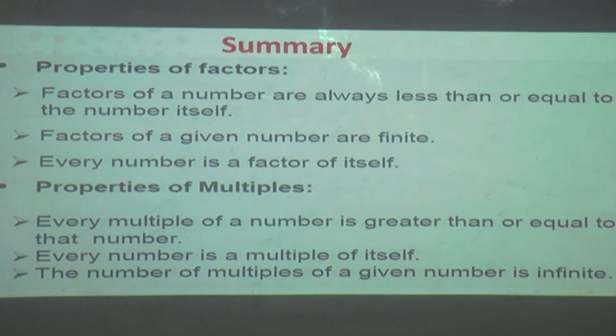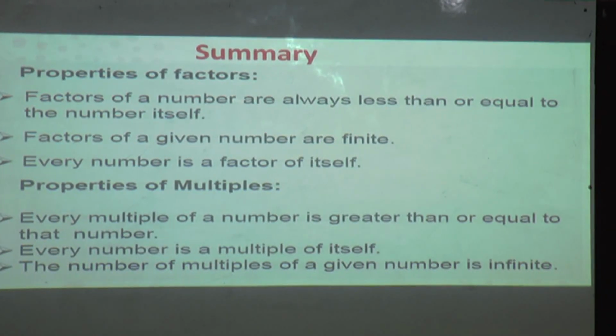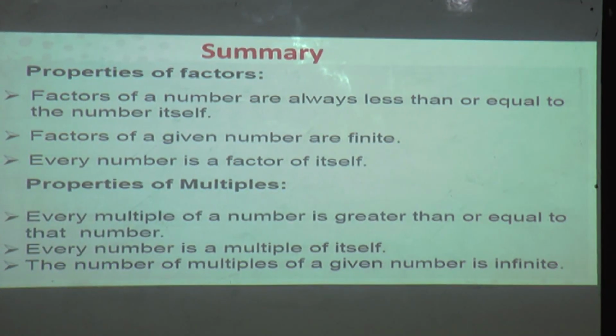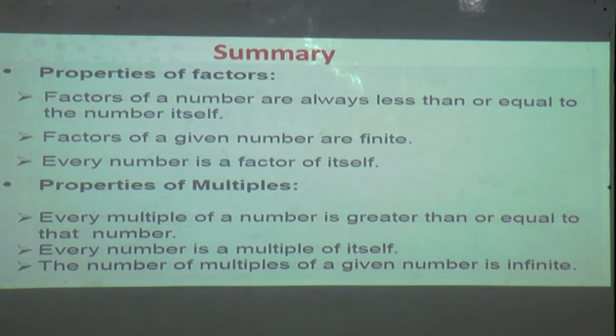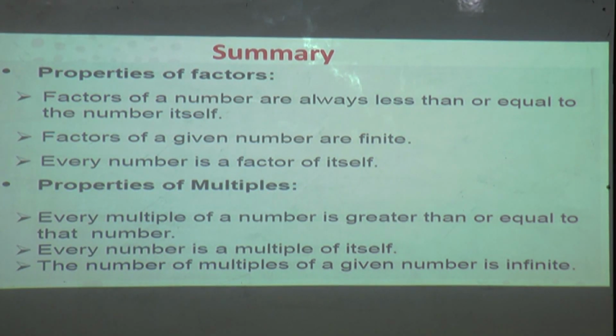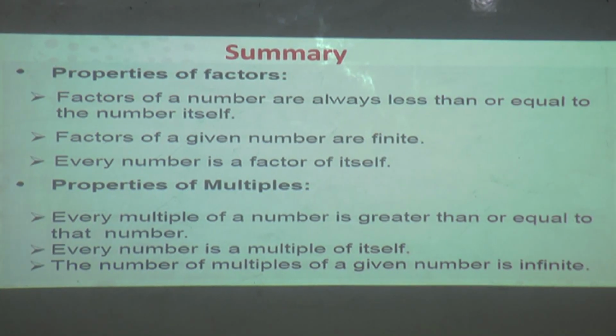Now, as we have seen many different concepts in this lesson, starting from common factor method, then we have seen common multiple methods. We have found the multiples, factors of different numbers. We have seen prime numbers, even numbers, odd numbers, co-prime numbers. We have seen the different divisibility rules of different numbers like 10, 5, 2, 3, 6, 4, 9 and 11.